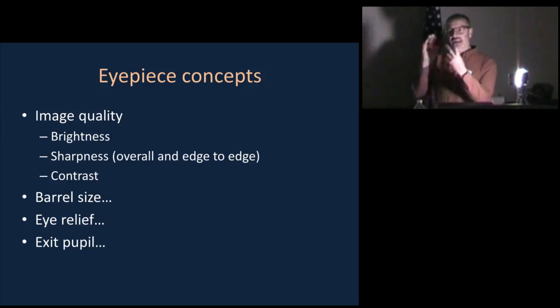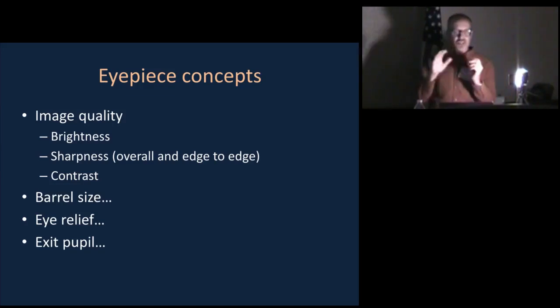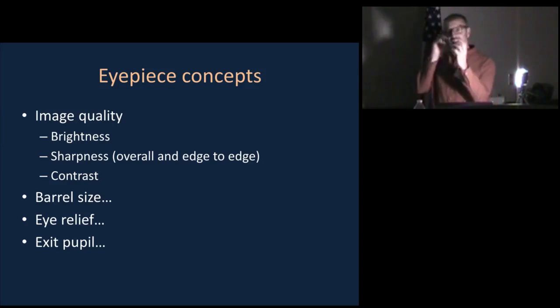So that contrast can be affected by how the eyepiece is made. What's the quality of all the machining? What were the coatings that are put on the lenses? Is light getting scattered around outside of just the direct path that would go to your eye? So that's the quick look at those higher level concepts.